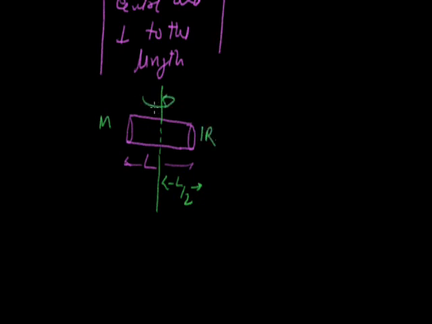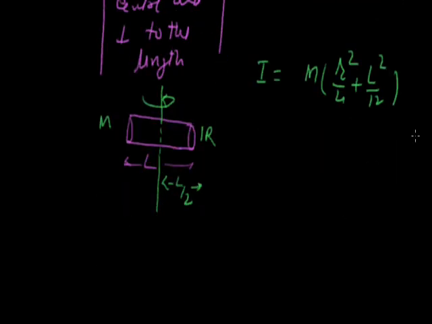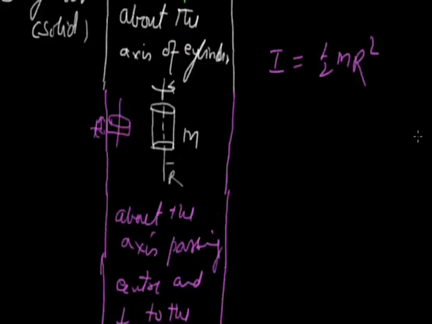Rotating about this axis, the moment of inertia I will be m times r square upon 4 plus L square upon 12. This is the moment of inertia of the solid cylinder. In the same way we can easily find the moment of inertia of a hollow cylinder about the axis of the cylinder.